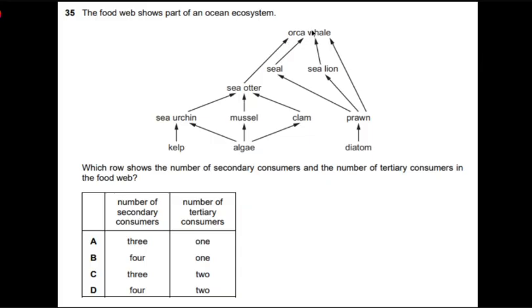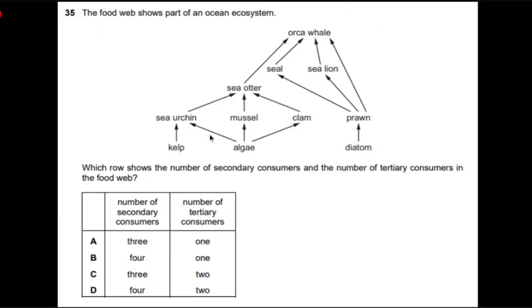Okay, so we have the orca, the seal, the sea lion, the sea otter, the sea urchin, the algae, the mussel, the clam, and others. As you can see, the arrows are pointing forward.